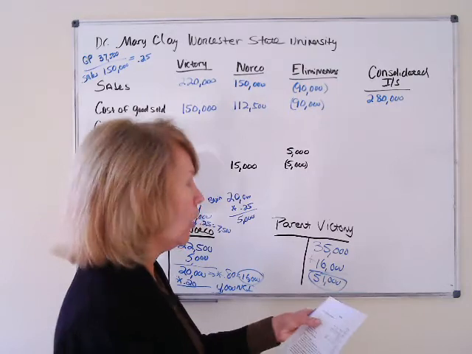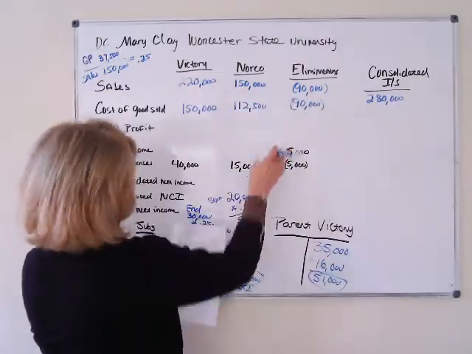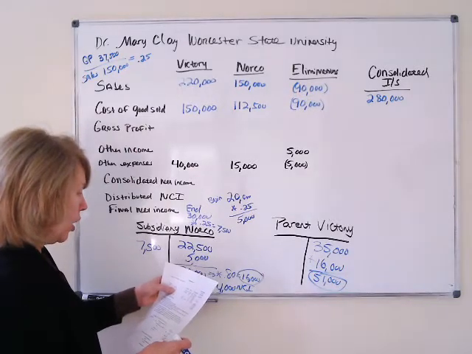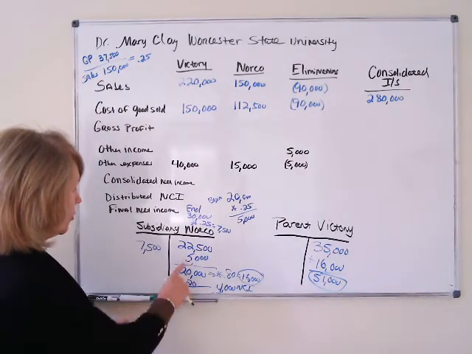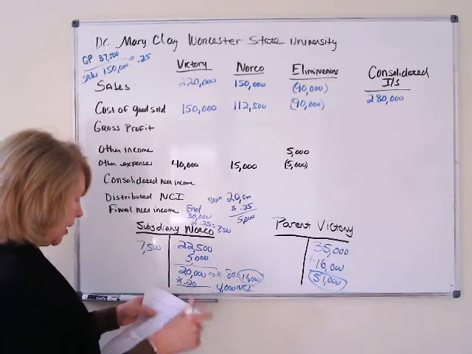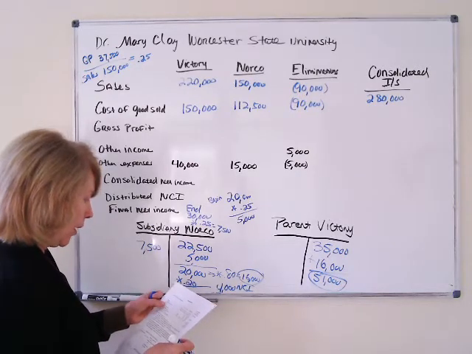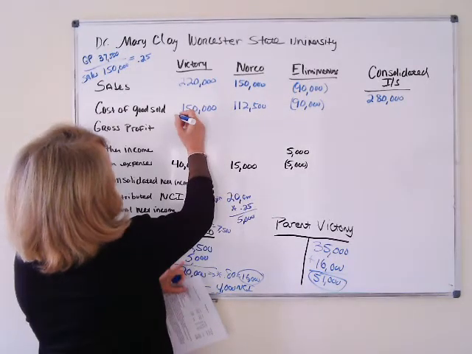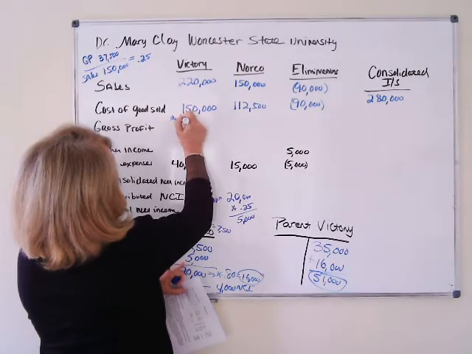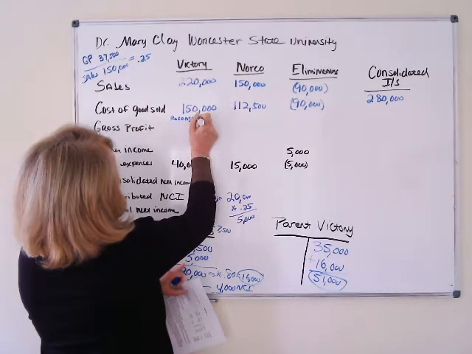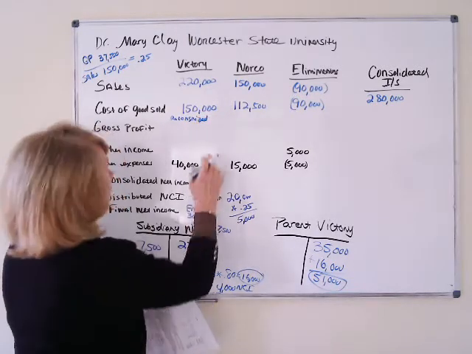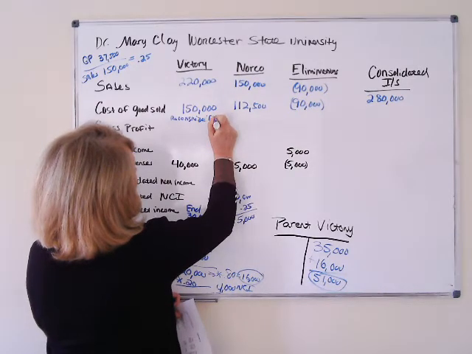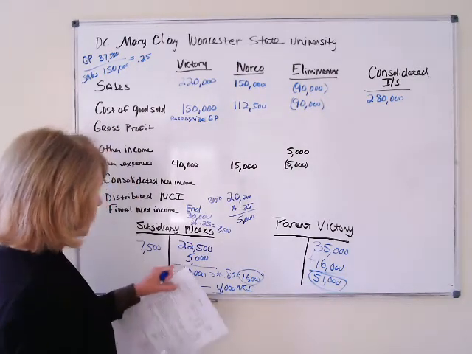All right, so what we're going to do is we're going to eliminate this 90. But now we're going to show this analysis over here. All right, so we're going to recognize gross profit, okay, and that is $5,000.